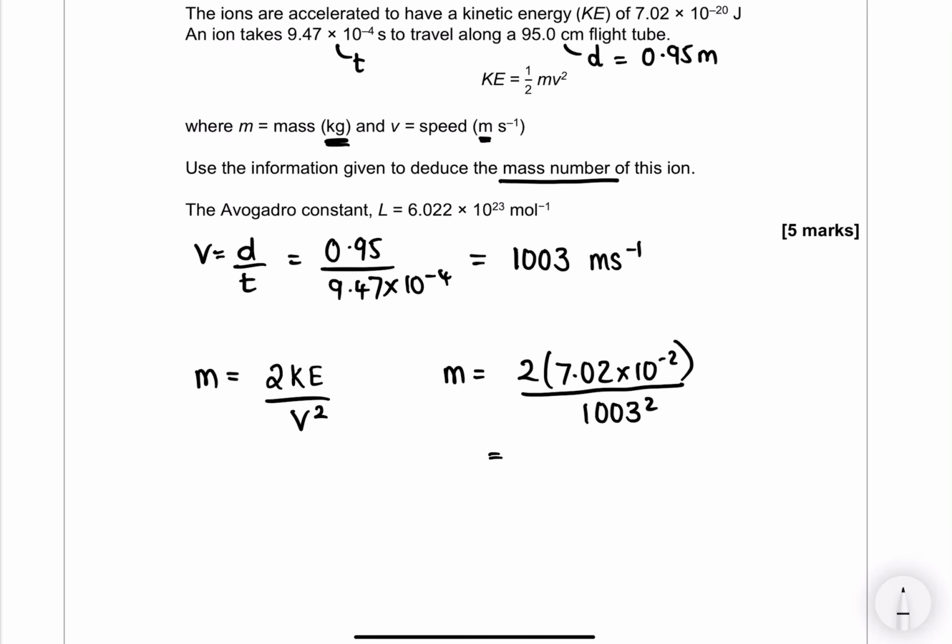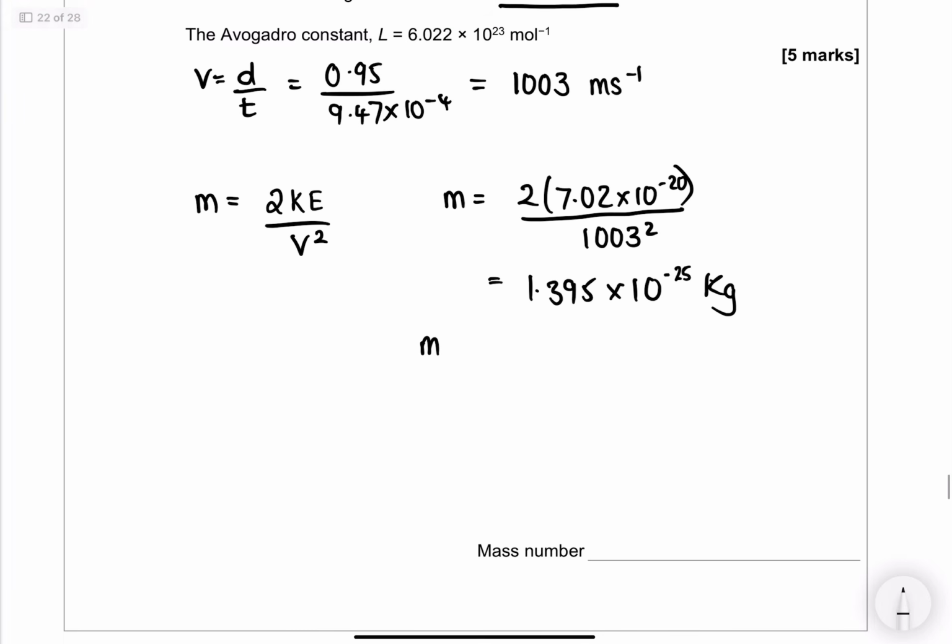So I'm keeping the number on my calculator. 1.395 times 10 to the minus 7, not minus 7, sorry, times 10 to the minus 25 kilograms. So then I'm going to multiply by 1,000 to get it into grams. 1.395 times 10 to the minus 22 grams.